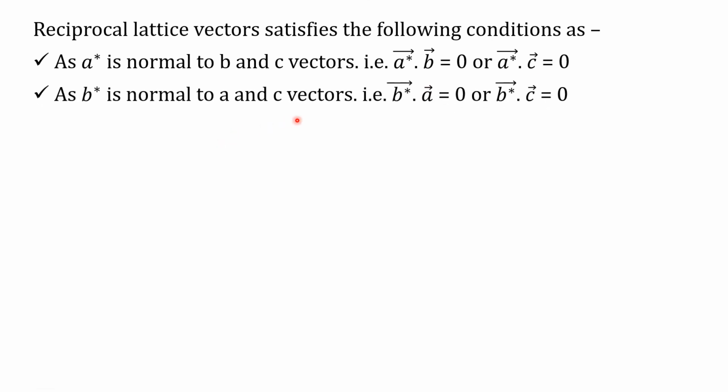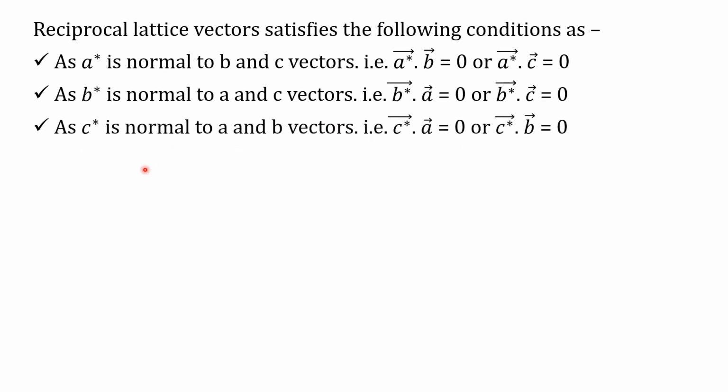Similarly, if B star is normal to vectors A and C, then it satisfies vector B star dot A and vector B star dot C being 0. And vector C star is normal to vectors A and B. It also satisfies the same condition: vector C star dot A and vector C star dot B become 0. But vector A star dot A is always 1.